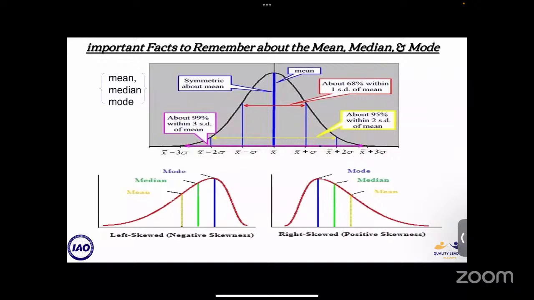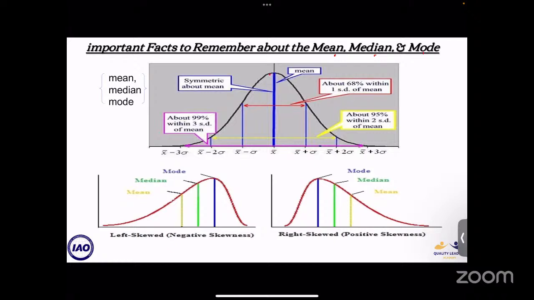So let's now proceed. We will discuss the difference between the normal distribution and skewing. These are important facts to remember about the mean, median, and mode. The normal distribution refers to the natural distribution of any data, which takes this kind of shape.